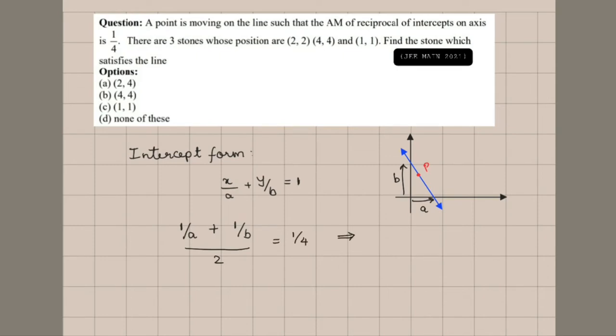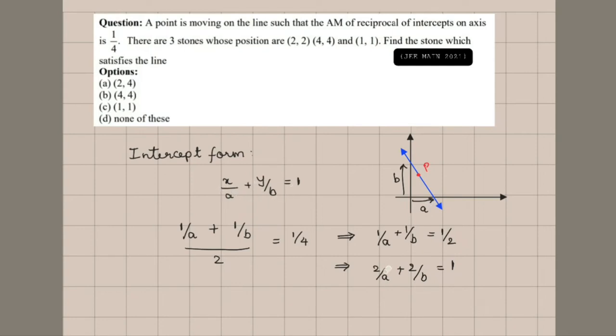which gives 1 over a plus 1 over b equals half, which gives 2 by a plus 2 by b equals 1. So this is the condition we got from using AM of reciprocal of intercepts is 1 by 4. But we know that the equation of line looks like x by a plus y by b equals 1.